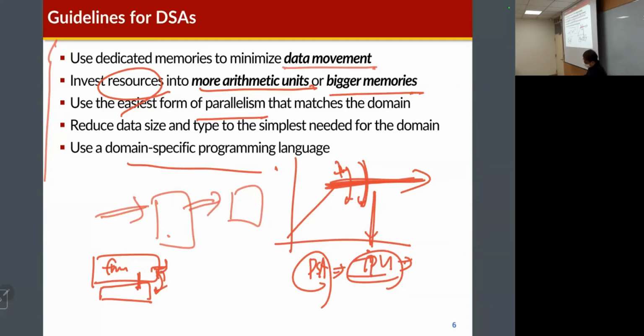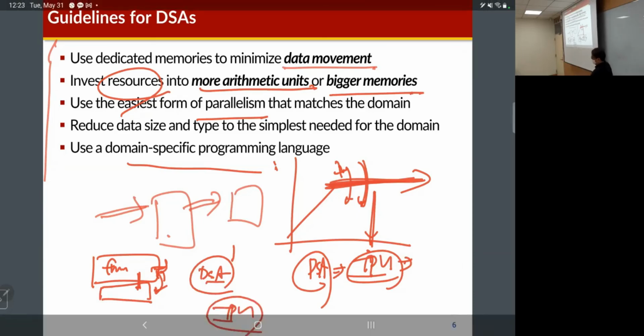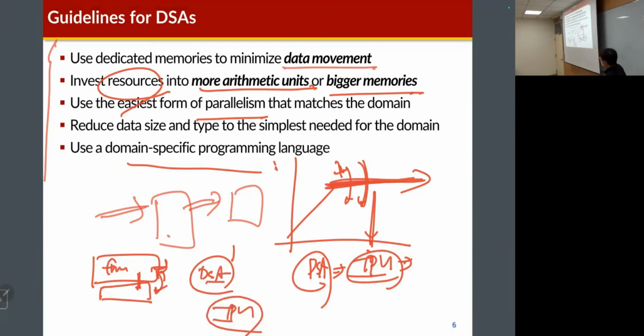But in order to use a domain-specific architecture, a domain-specific language should be developed. For example, the Google TPU also has an instruction set architecture.